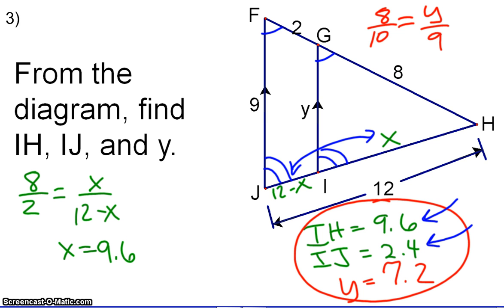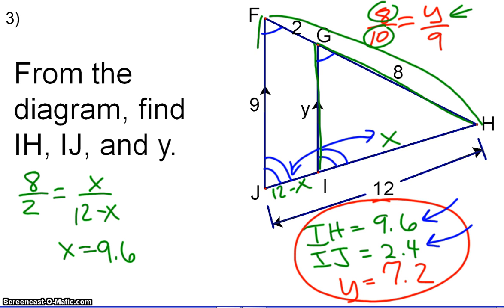And so y and 9 are both sides of the triangle. 8 is the side of the small triangle, and its corresponding side is 10, 8 plus 2, on the big triangle. It's in an equal ratio to y, a side on the small triangle, to 9 on the big triangle. And that is how you would solve for y.